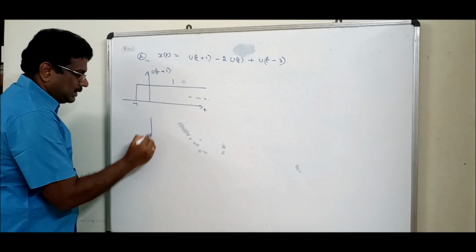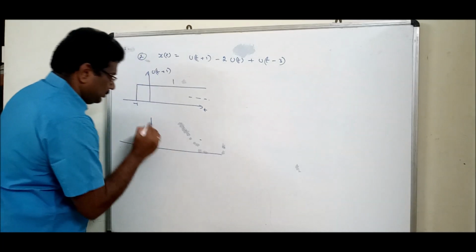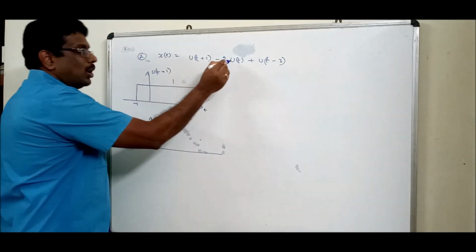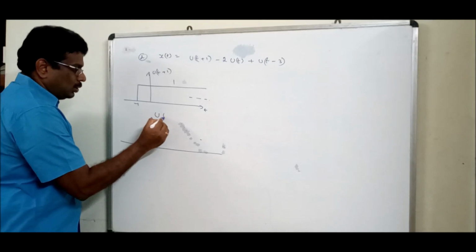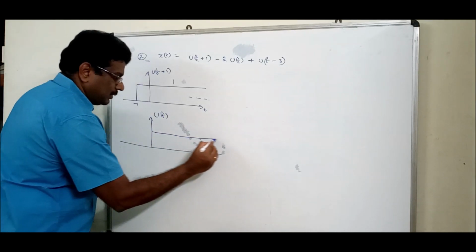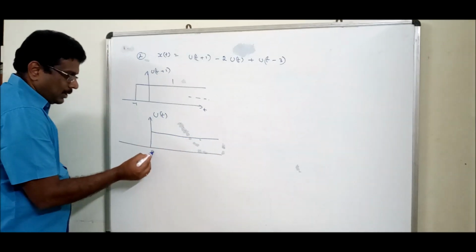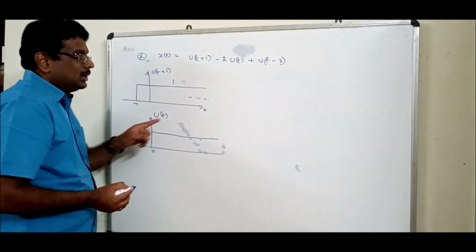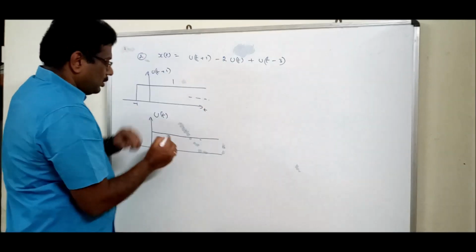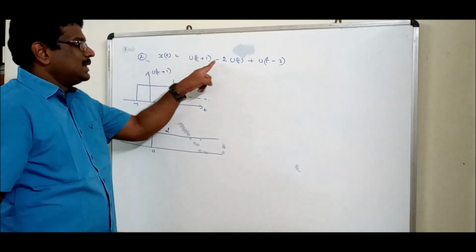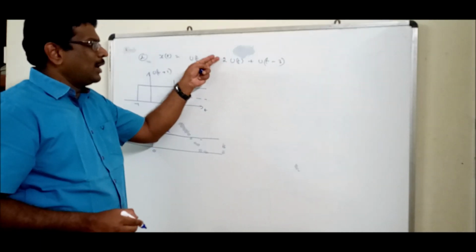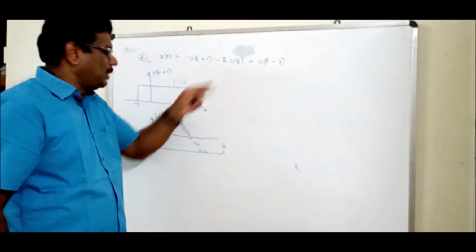What about the next signal? u of t. It's like this, but be careful. Its amplitude is 1, but right now the amplitude is 2. Sir, this minus that you will see later. Right now I have plotted 2u of t, whose amplitude is 2.